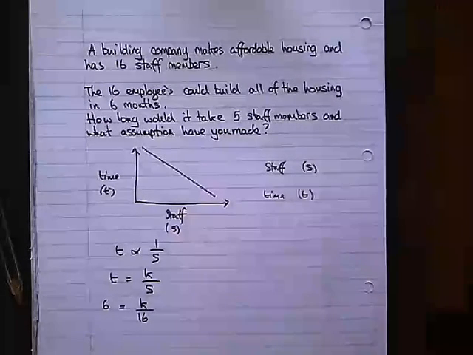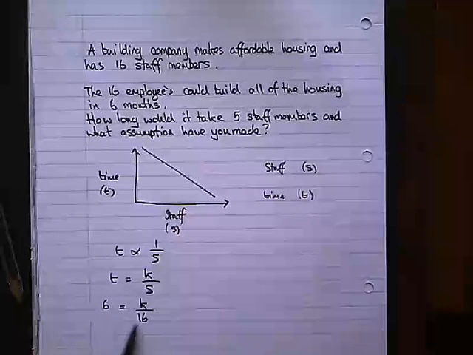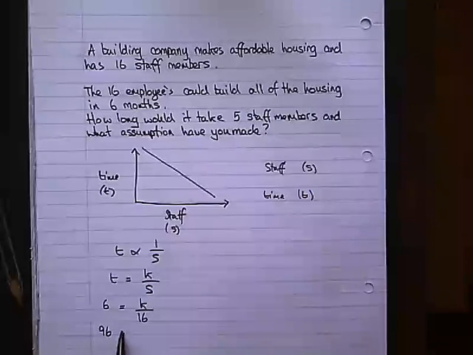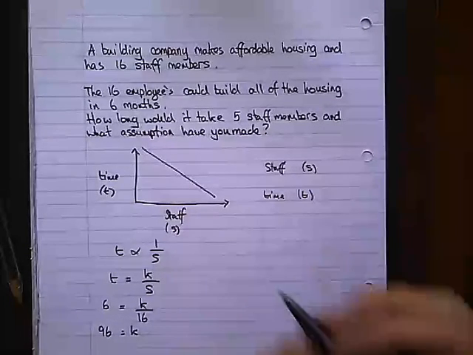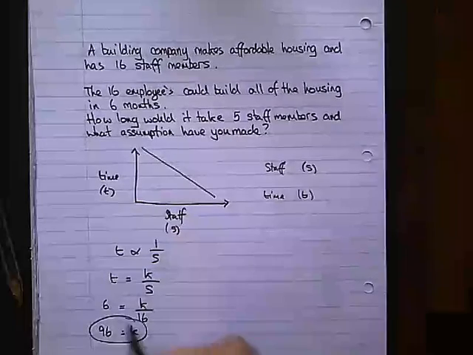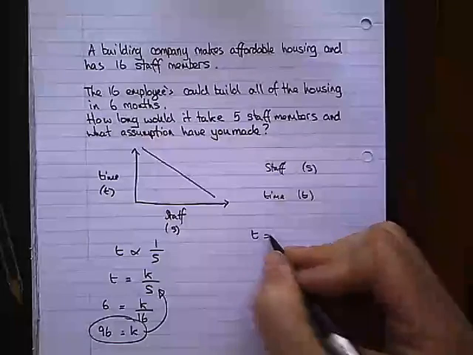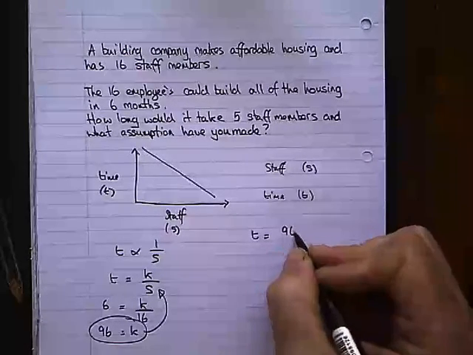So I just need to rearrange this, and then I can get my k value. So if I times both sides by 16, then I get 96 equals k. So we've got our constant. Okay, so we can write that in our equation, and then we have something that we can use. So the time it will take is equal to 96 divided by the number of staff.